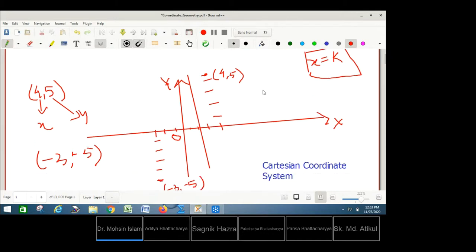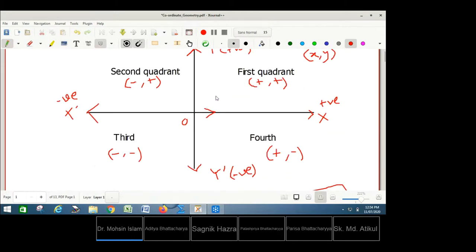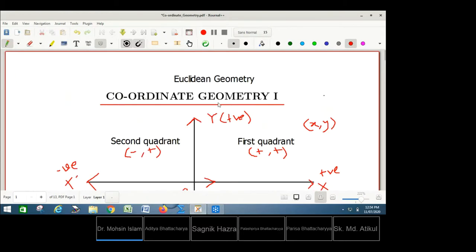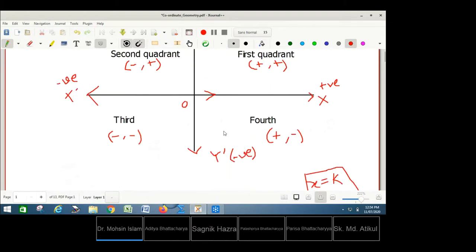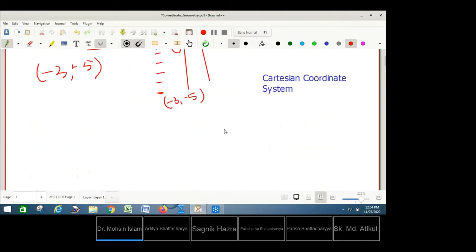And how will you draw a line y equal to c? That will naturally be parallel to the x-axis, like this. So these are the concepts of the initial coordinate system, coordinate geometry. So you are learning the Cartesian coordinate system.